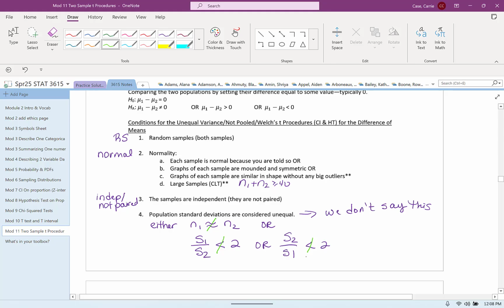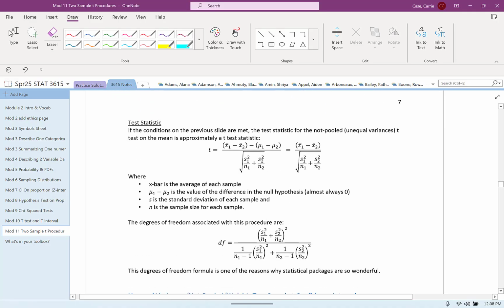So any one of these three things is not true, and it kicks us into the not pooled test. We don't actually show this, so we don't say or show this step.